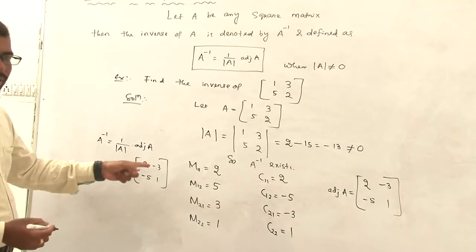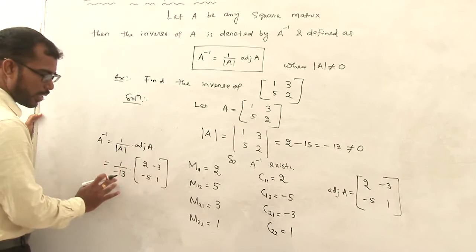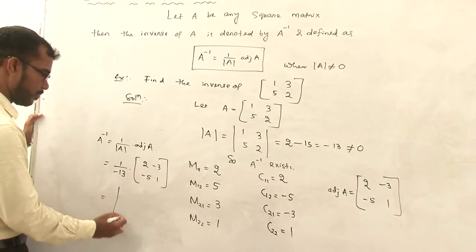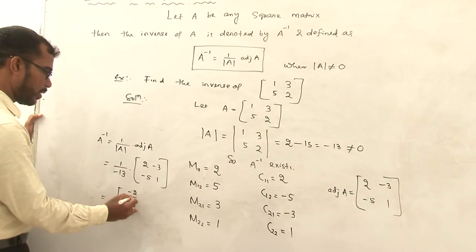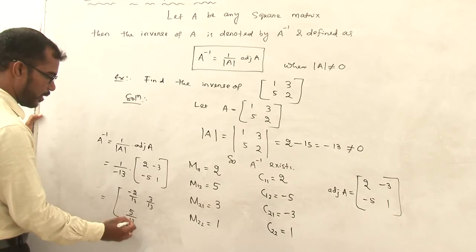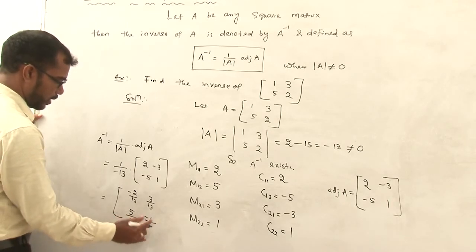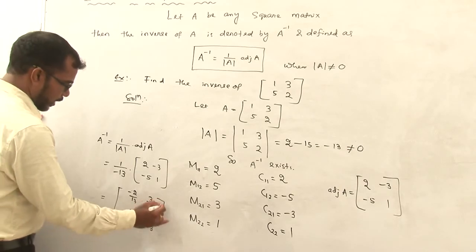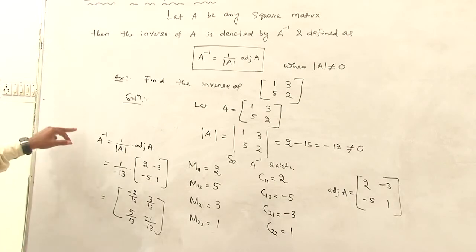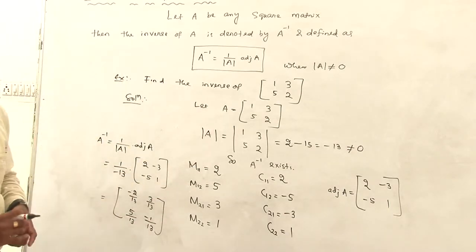If you multiply the elements, this is also a solution, and we get 2 by minus 13, minus 3 by minus 13, and so on, or you can write 1 by minus 13 or minus 1 by 13 outside. You can write this form or this form. Both are fine. Okay. So this is the solution to find the inverse of A.